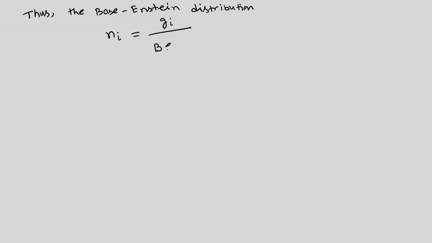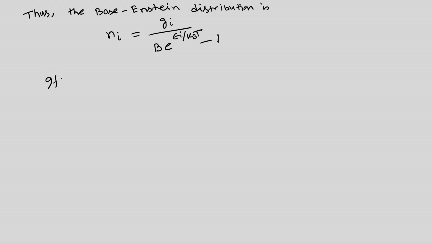Thus, the Bose-Einstein distribution is Ni equals Gi over e to the epsilon i by kBT minus 1.